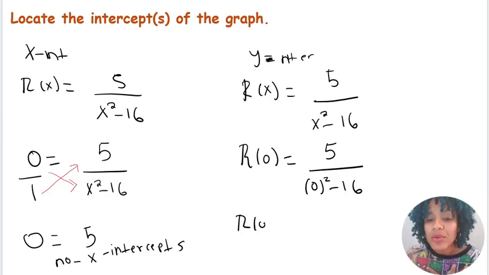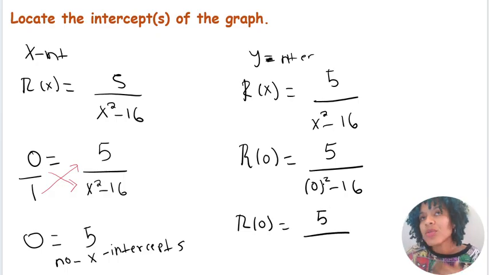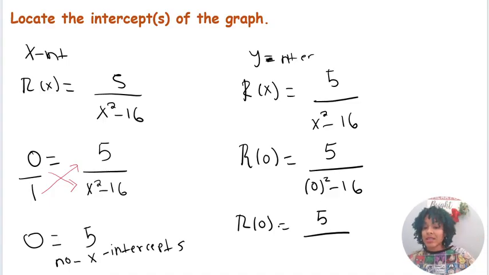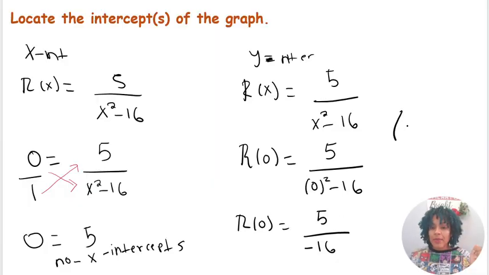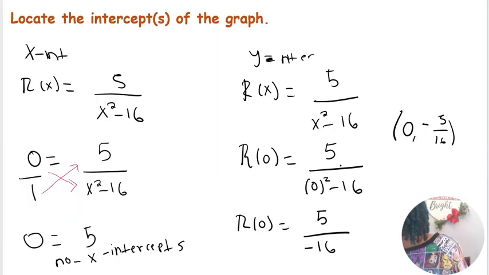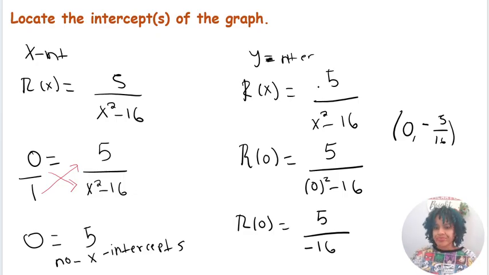So then r of 0 equals 5 over 0 squared gives you 0 minus 16, that gives you negative 16. So your y-intercept is the point 0, comma, negative 5 over 16. And I believe this is negative 0.31, which we'll work with later on. All right, so no x-intercepts and we have one y-intercept. Okay, let's go to the next one.